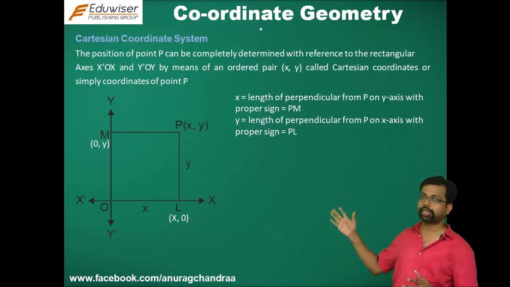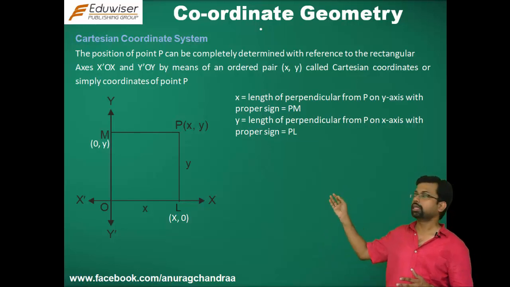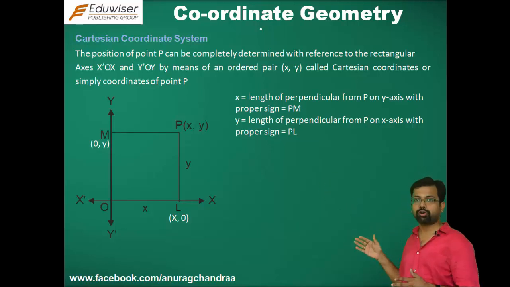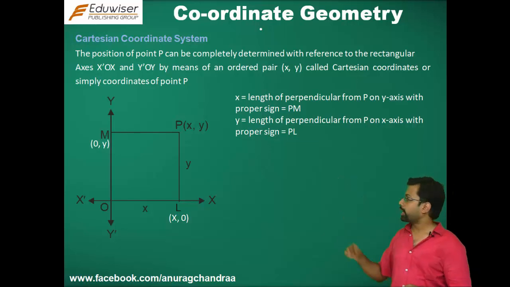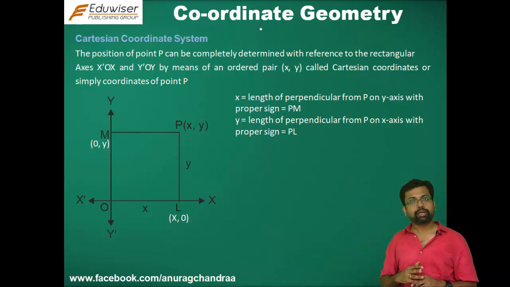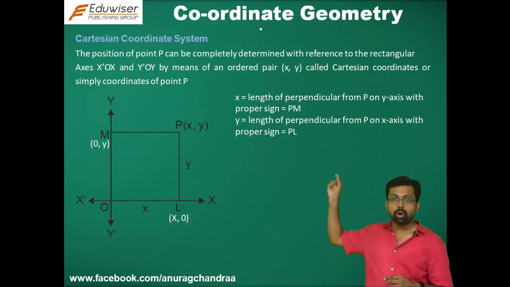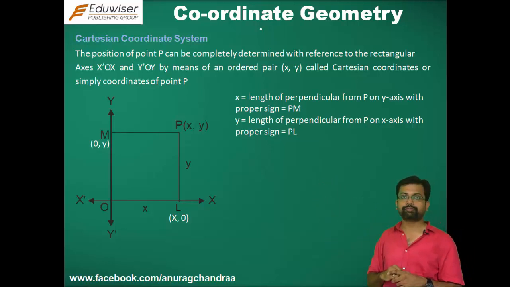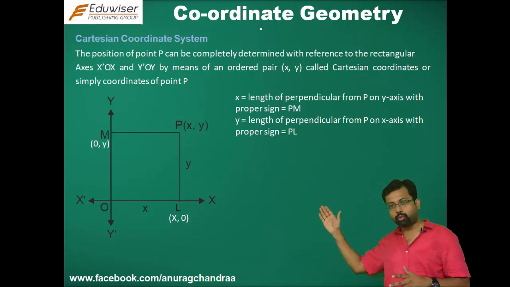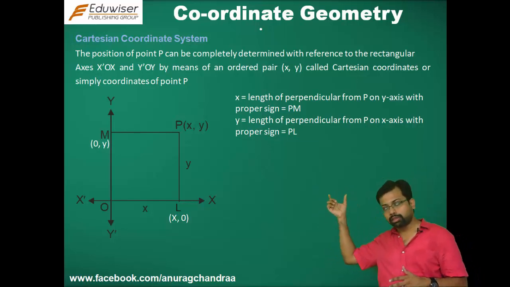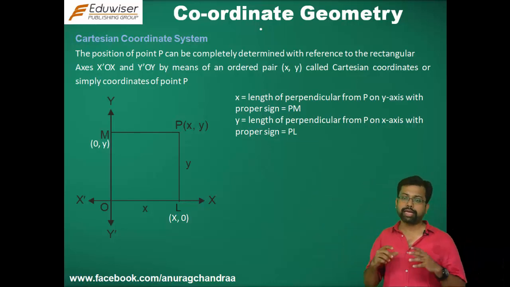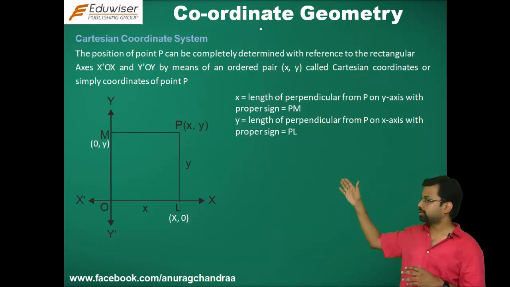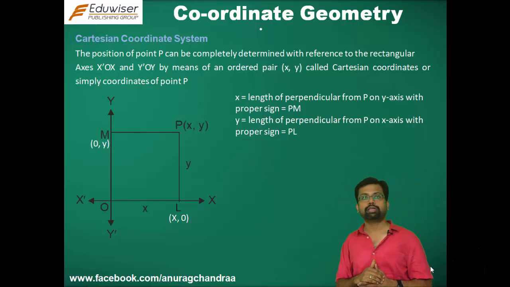So any point P can be represented on a rectangular coordinate system by the ordered pair x comma y, where x is the perpendicular distance of that point from the y axis, and y is representative of the perpendicular P from the x axis with the proper sign, which is represented by PL in the given figure.